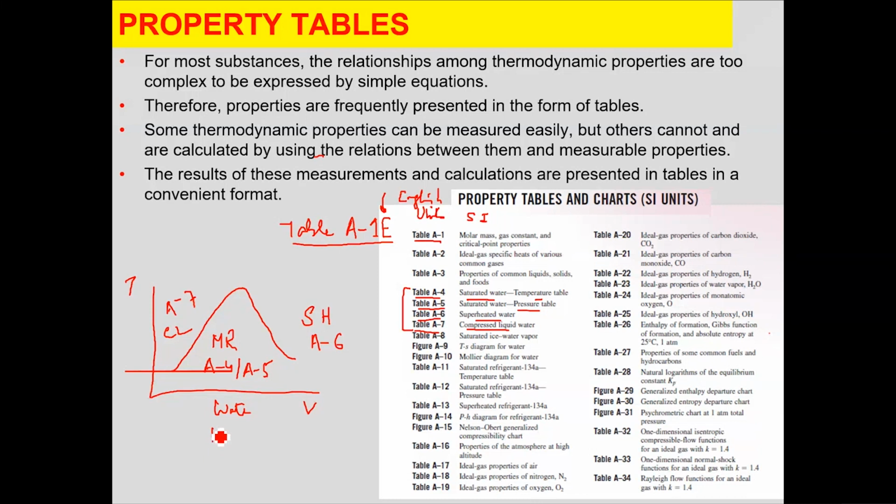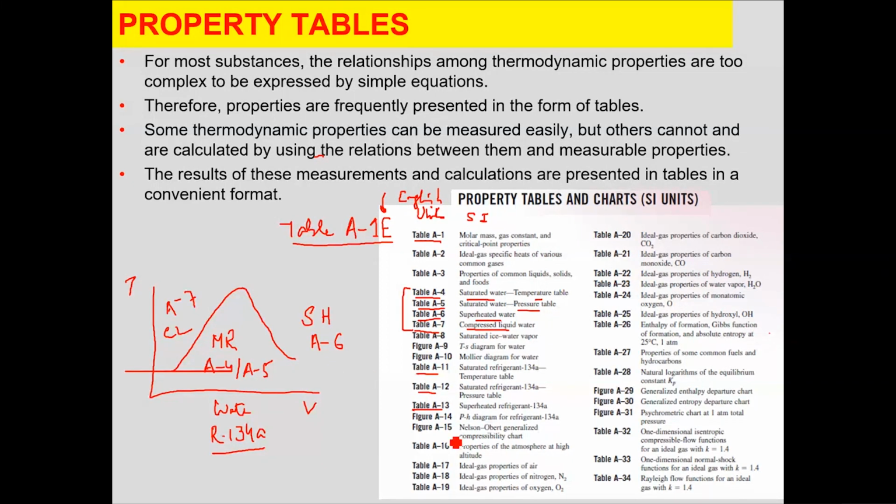When you have a different refrigerant, let's say R134A, which is a refrigerant used in refrigeration cycles, you have different tables. Tables A11, A12 are the temperature and pressure tables for saturated refrigerant, that is the mixed region, and table A13 is for the superheated region.